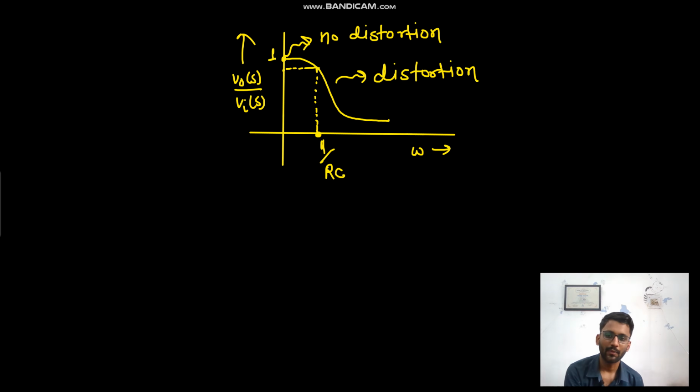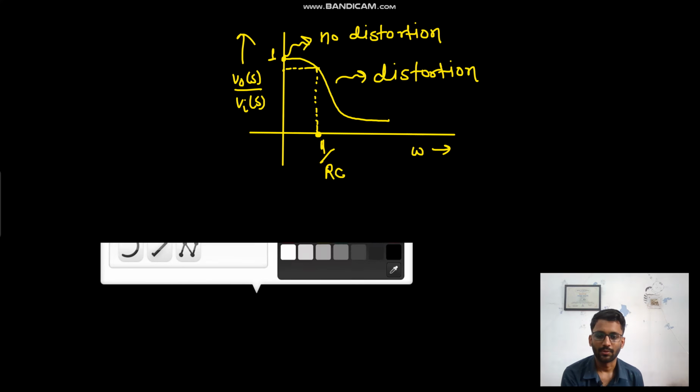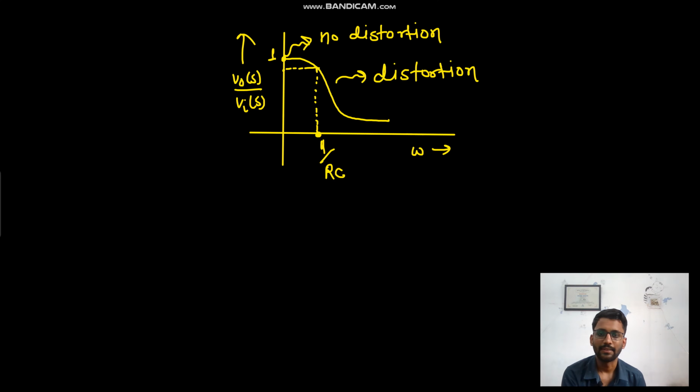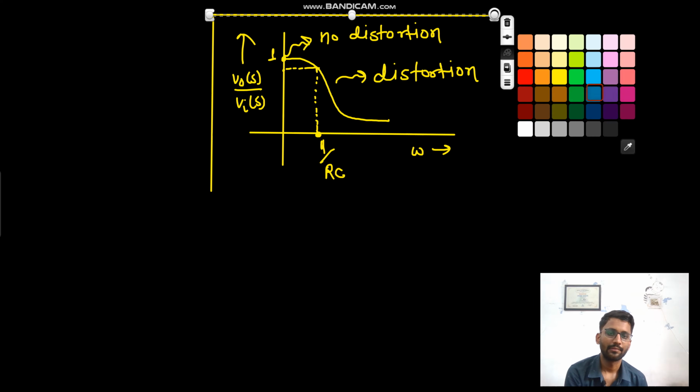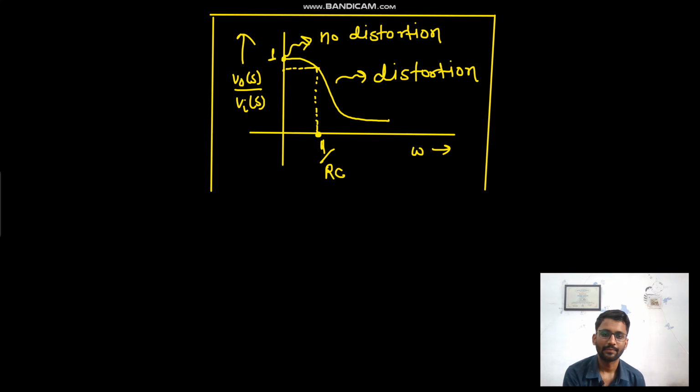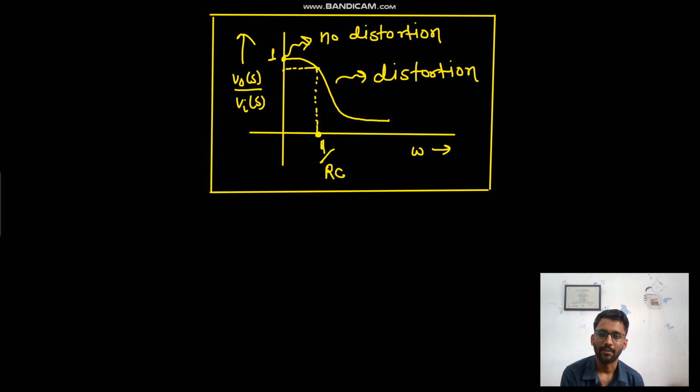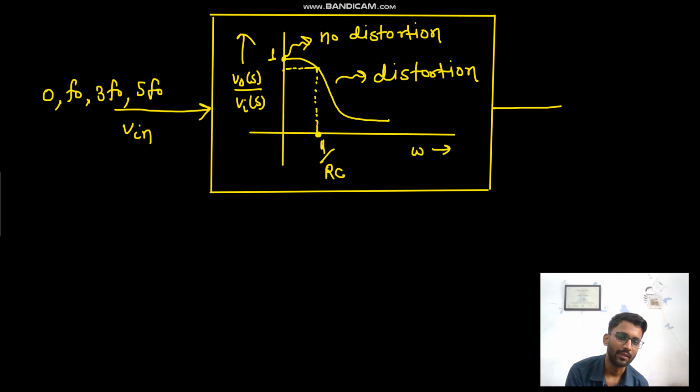Now what is given? The first point is that this is a filter, and you are giving your input waveform that has 0 frequency component, f0, 3f0, and 5f0 frequency components. This is your input, and you will have some output, right?